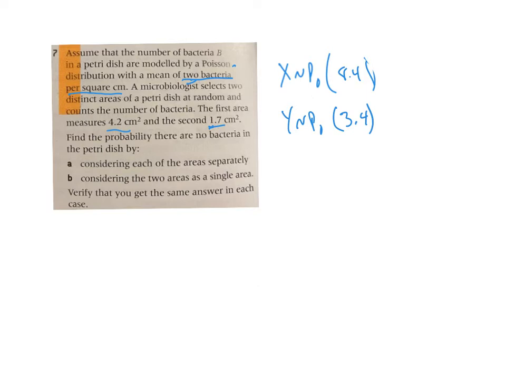I want to find the probability there are no bacteria in the petri dish by considering them separately. So I'm going to do the probability that X equals 0 and the probability that Y equals 0. And so what I'll do is I'll take this times this one.